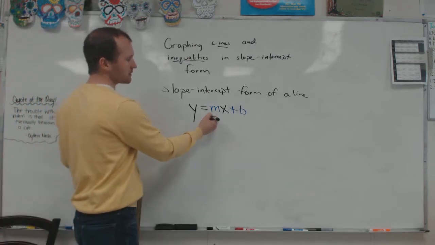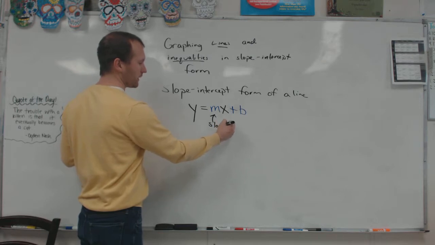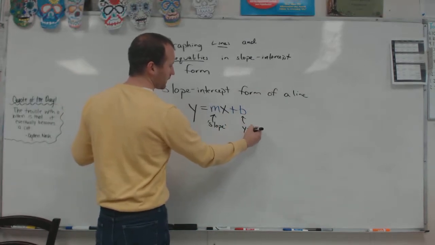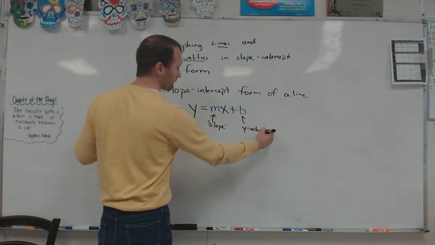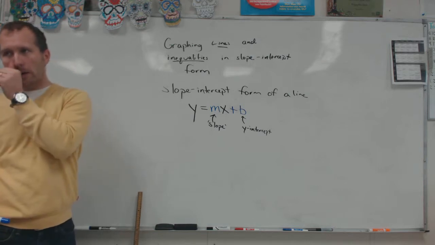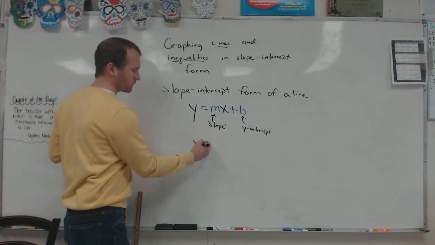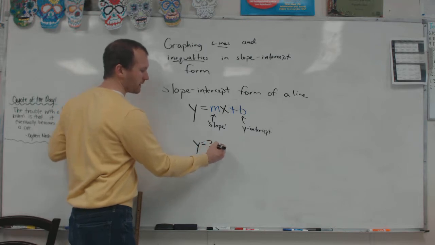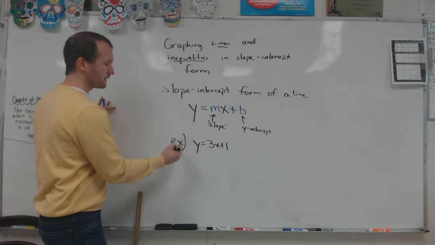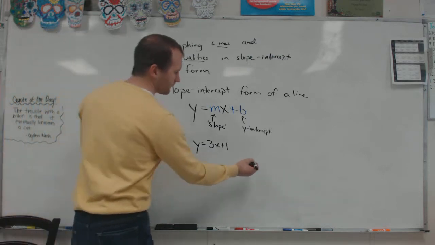And the reason this is called slope-intercept form, the m is the slope of the line, and the b is the y-intercept. And again, this is a quick review, because you guys have already seen this, and you'll start to recognize it right now. Y equals 3x plus 1 is an example of this. And you guys know how to graph that.